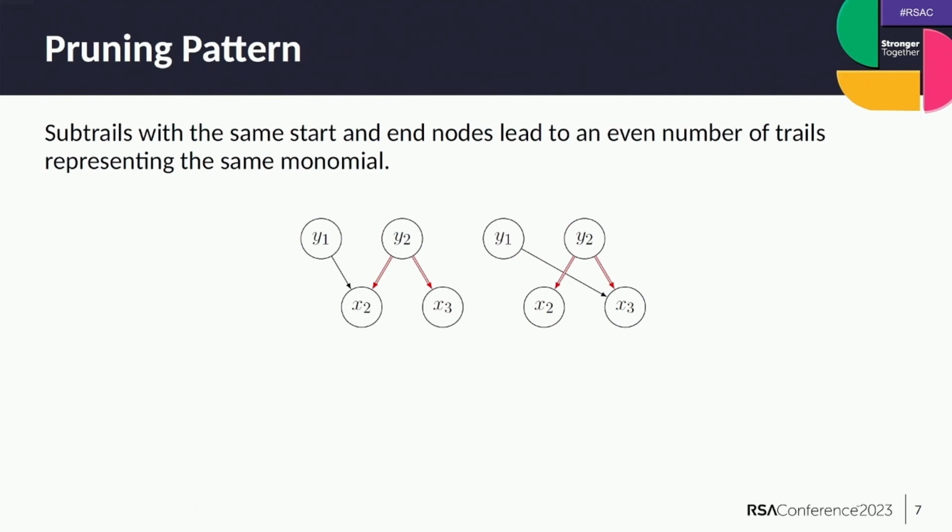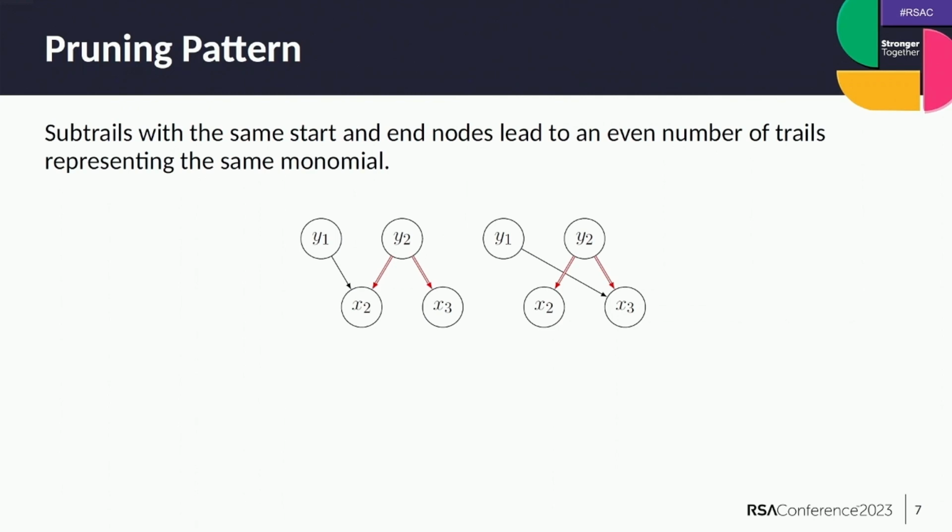Next, we will introduce two techniques for simplifying the MILP model. The first one is pruning patterns. Subtrails with the same start node and end node must lead to an even number of trails representing the same monomial.